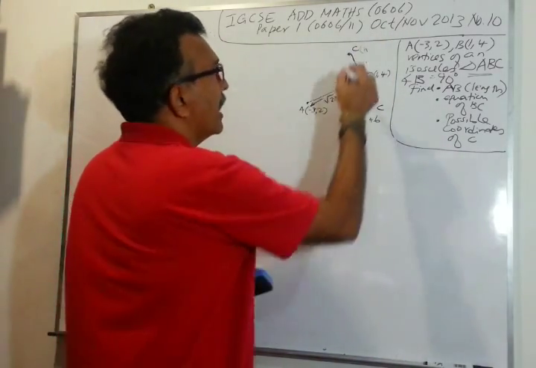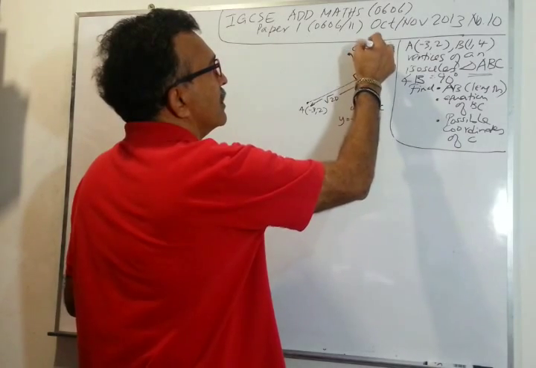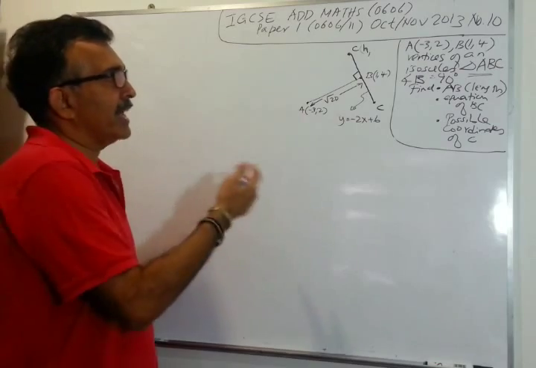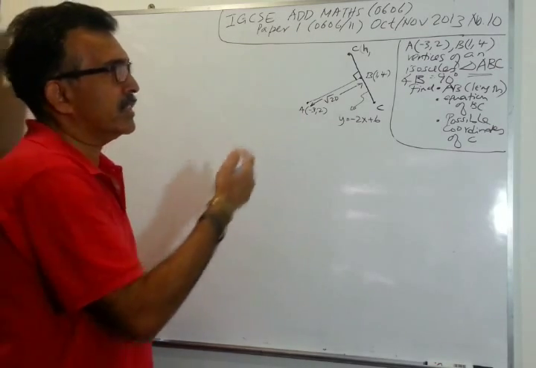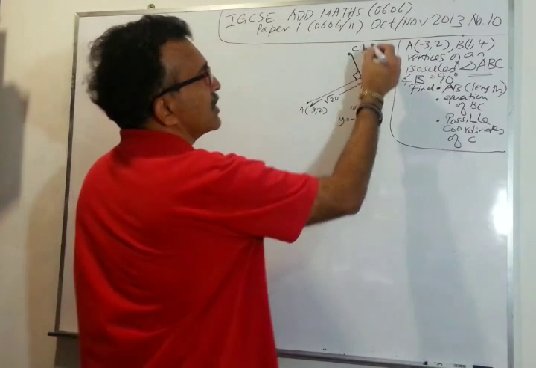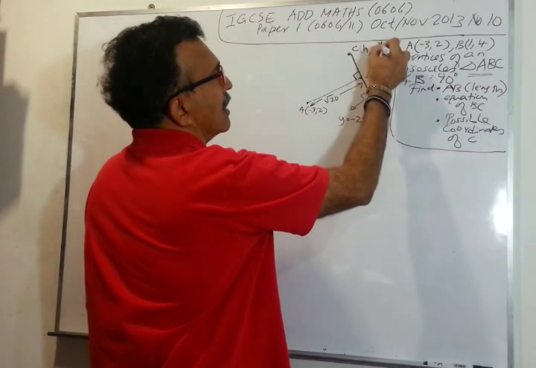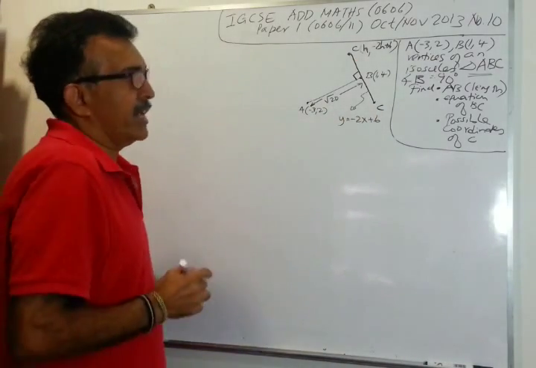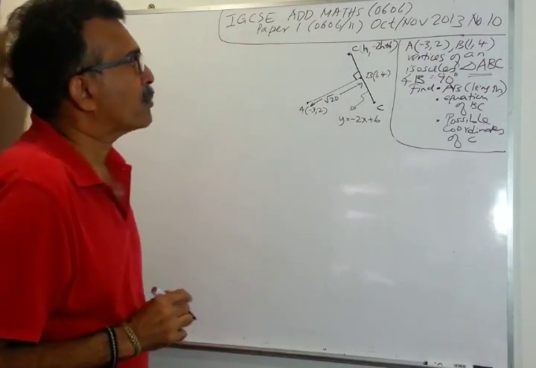If the x coordinate of C is h, the y coordinate must be -2h plus 6, because it lies on that line. Now we have settled that.